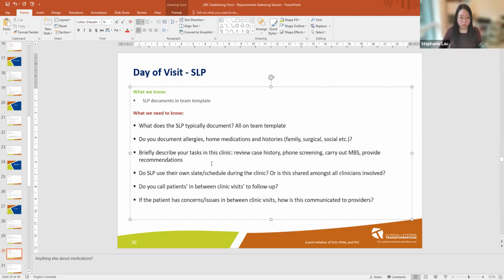Okay, and I think we answered this one, saying that it's basically booked as one appointment and not separate appointments for each of the clinicians. Yeah. And then that you guys do occasionally do follow up.